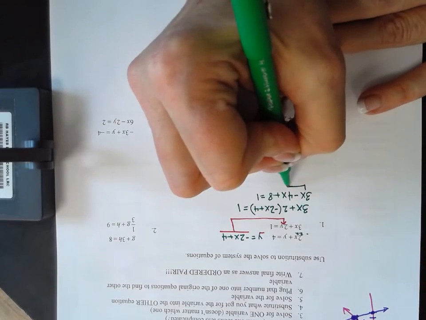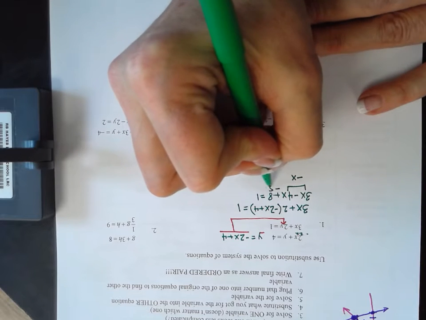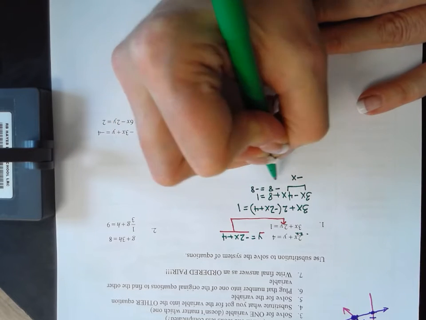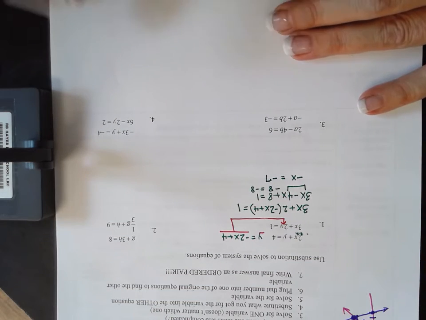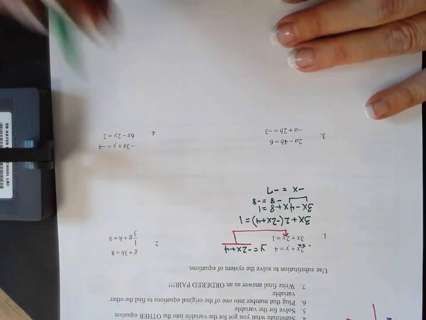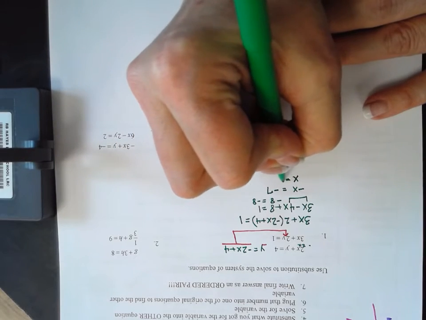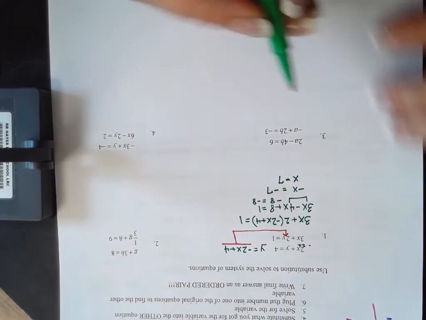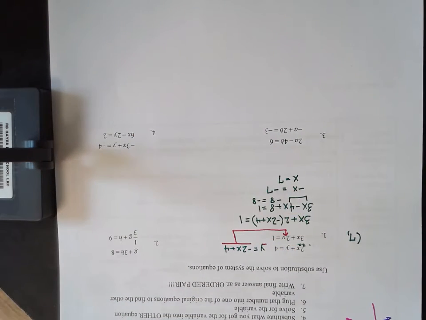Then these combine to give me a negative x. If I subtract 8 from both sides, and since I can't have that negative x, I'm going to flip my signs. And so x is equal to 7. So I have half my solution.